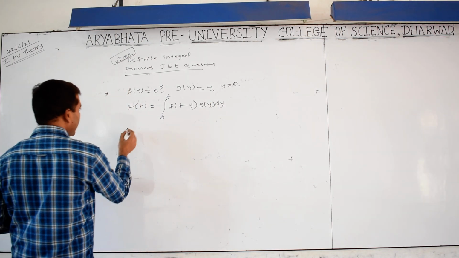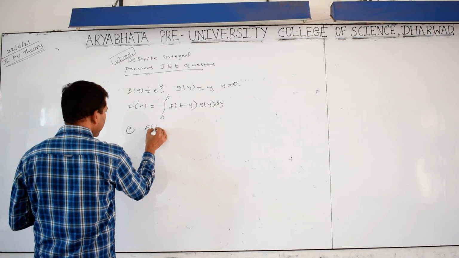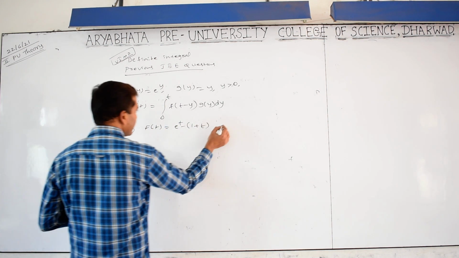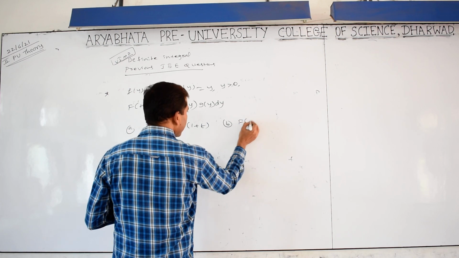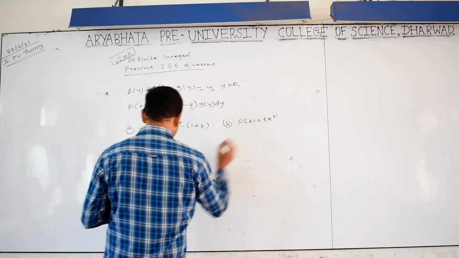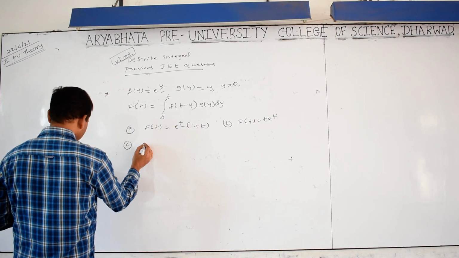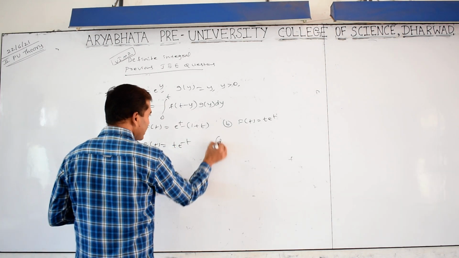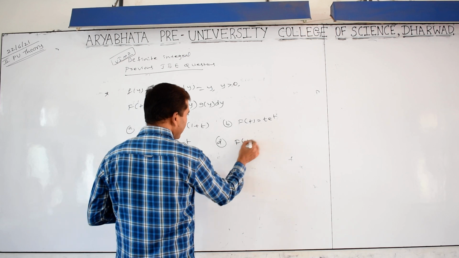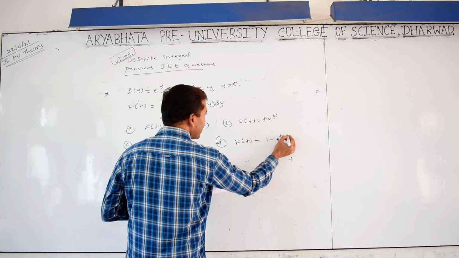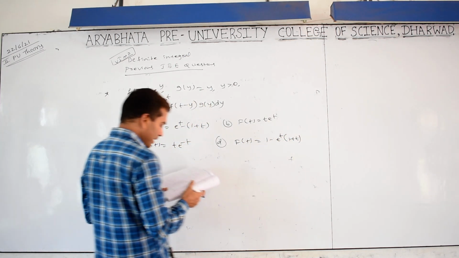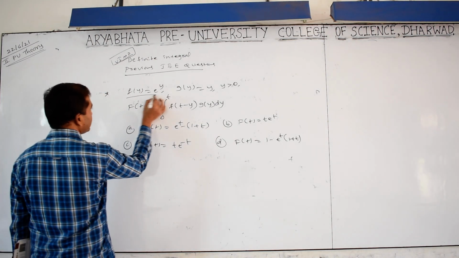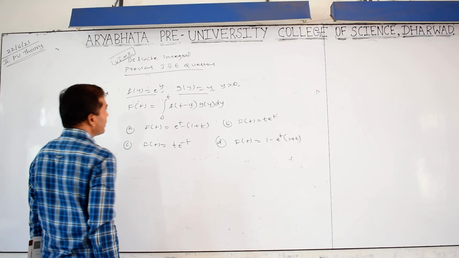Then option A, f of t equal to e power t minus 1 plus t. B, f of t equal to t into e power t. C, f of t equal to t into e power minus t. D, f of t equal to 1 minus e power t into 1 plus t.